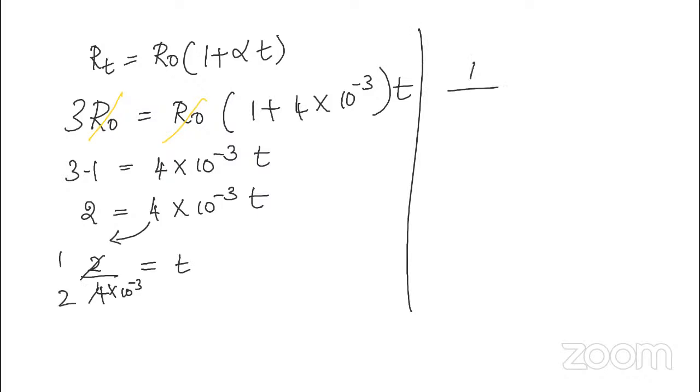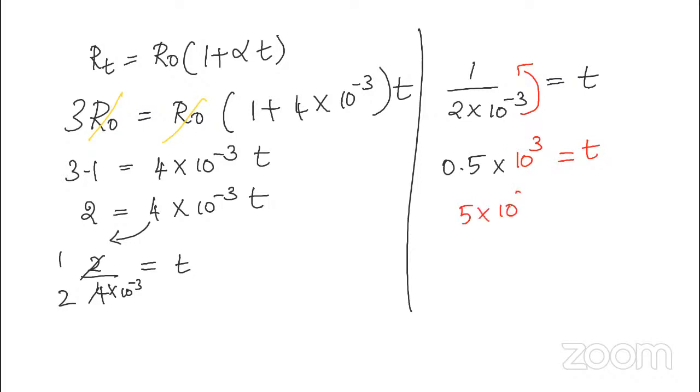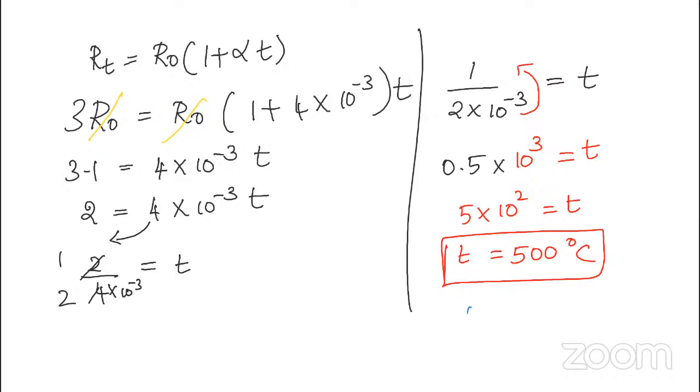So 1 by 2 into 10 power of minus 3 is equal to T. Okay, 1 by 2 is nothing but a half, so 0.5 into, in the power it becomes positive, 10 power of 3 is equal to T. So 5 into 10 power of 2 is equal to T. So T is equal to 500 degree centigrade. So option C is the right one.